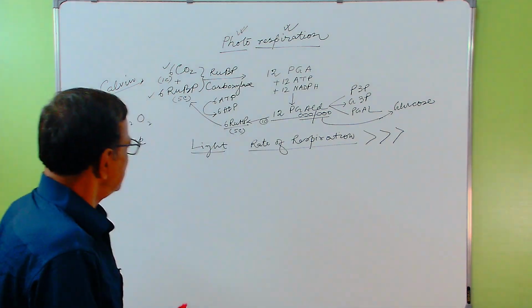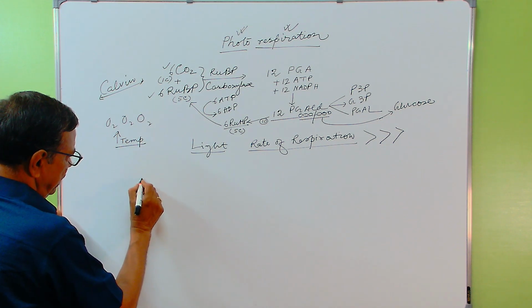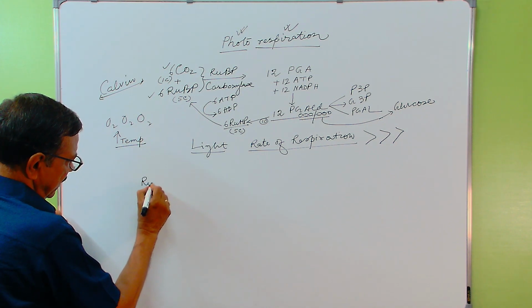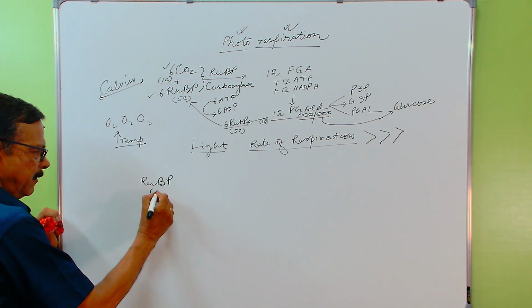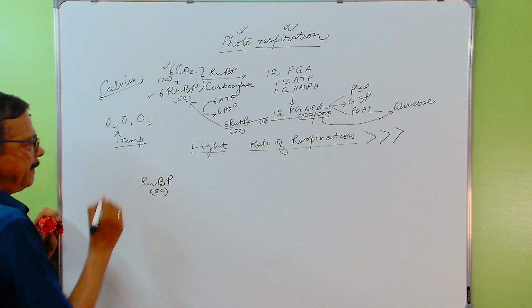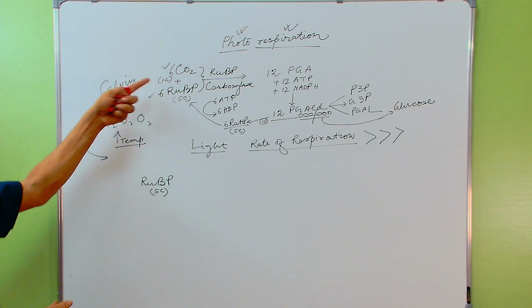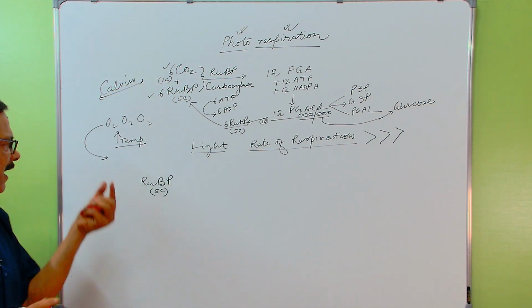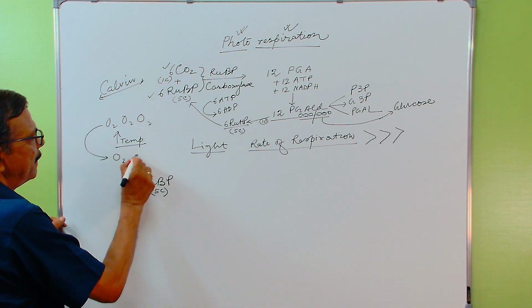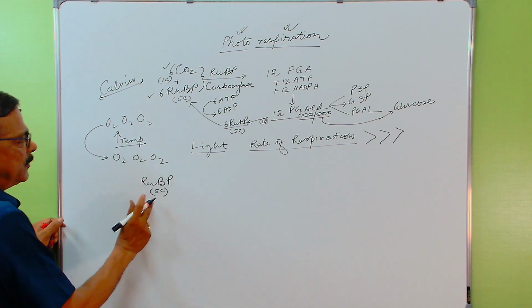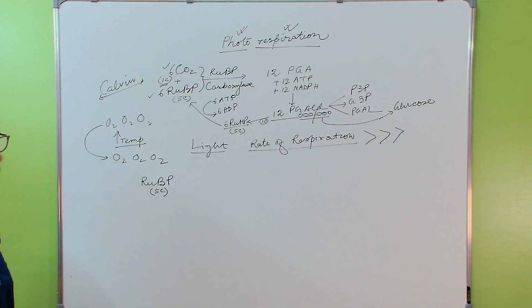It happens in this way. See, this RuBP, ribulose bisphosphate, is a 5-carbon compound, and with the increase of oxygen concentration, the CO2 concentration depletes, and O2 comes here. So there is no additional carbon, because in CO2 there was one carbon.